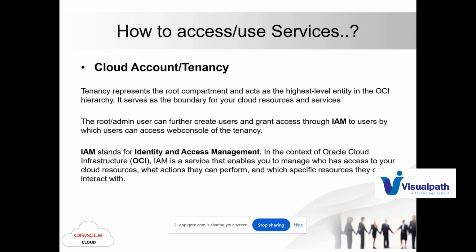We have something called policies, where I restrict them to use only these applications, services or resources, so that these 10 people are limited to application 1. So this is identity and access management.